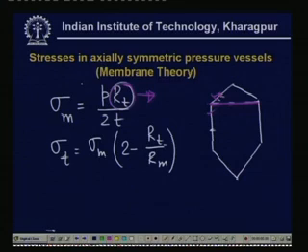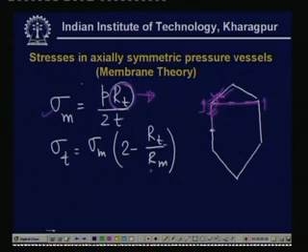That is, if you consider sigma m at any point, which is suppose called 1, and sigma m at a point very near to 1 lying on this surface, and again very near to 1 lying on this particular surface, then we see a gradual change. That is, there will be no discontinuity in sigma m if you go from this side to that side.